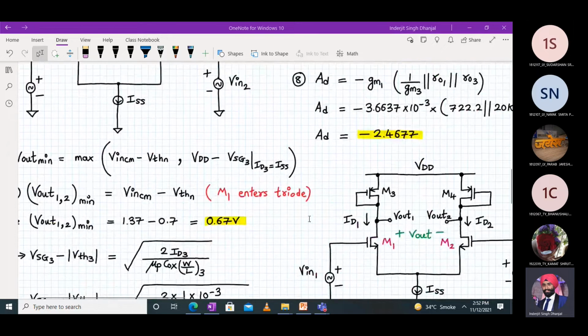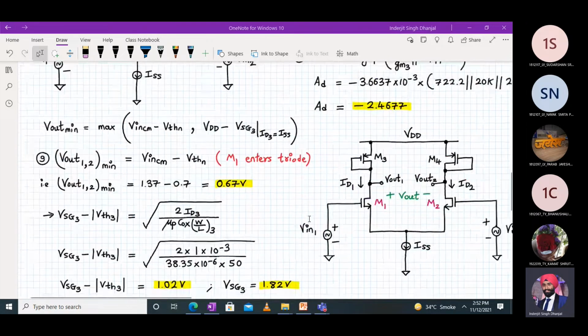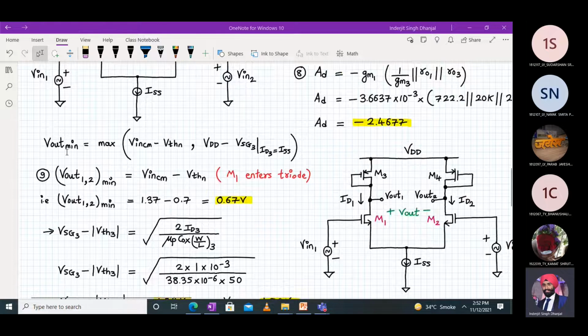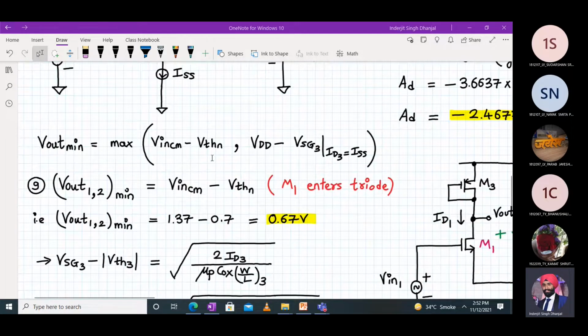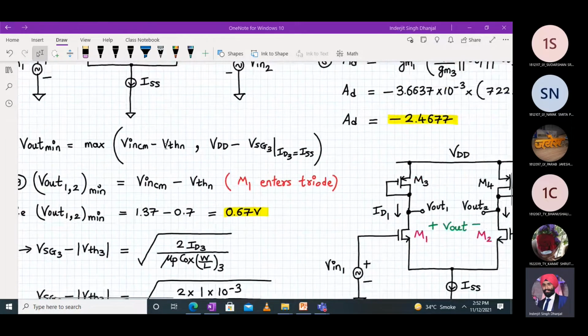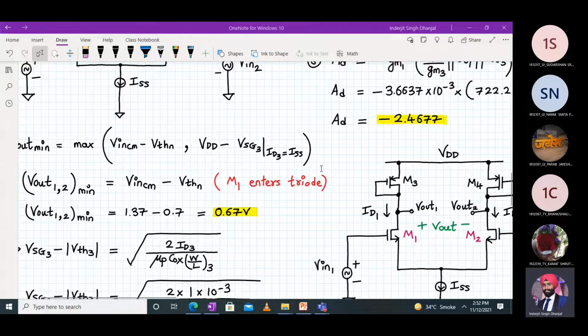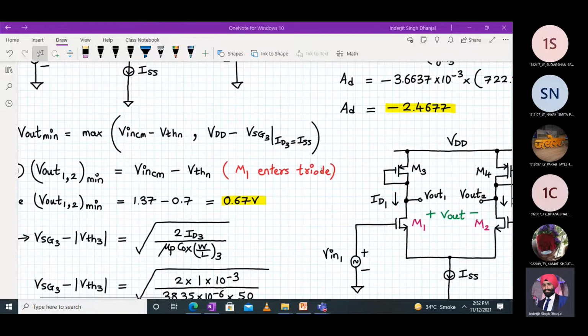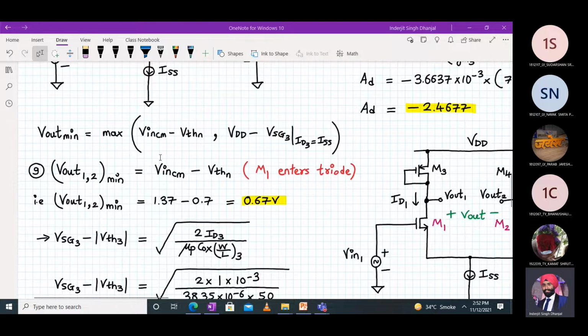Here your V out minimum will be the maximum of V in CM minus VTN, comma, VDD minus VSG3, whenever ID3 will be equal to ISS. This is the special condition. If this condition is satisfied, then only your V out minimum will be calculated properly.